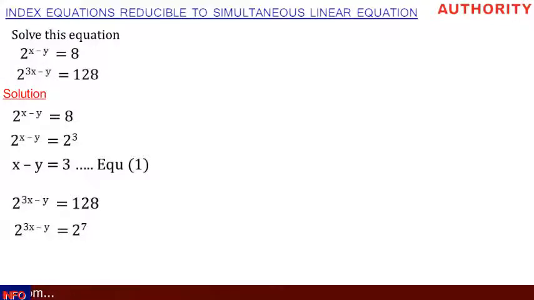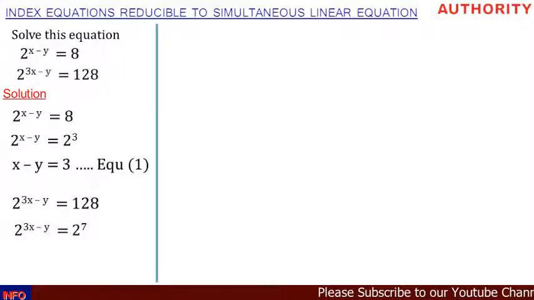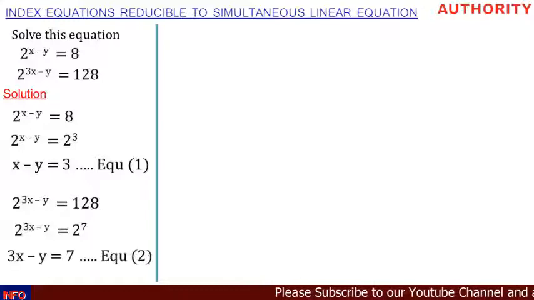So we have 2 raised to power 3x minus y is equal to 2 raised to power 7. Here, we equate the exponents, neglecting the base. That means 3x minus y is equal to 7. Let's tag this equation 2.